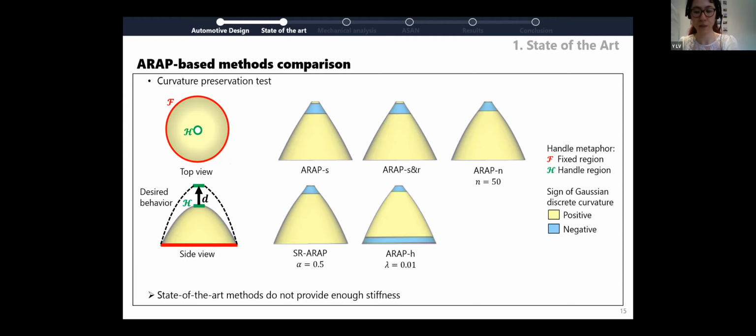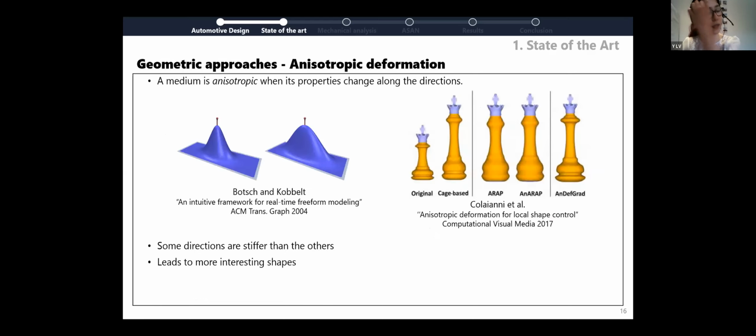So we will explain this behavior through our mechanical analysis in the next part, but we can already consider another way to control the deformation process, which is by changing the deformation amplitudes along the direction. So in other words, to introduce anisotropy.